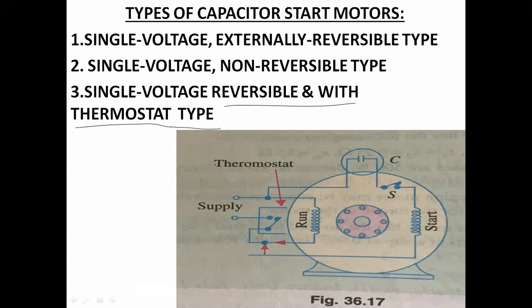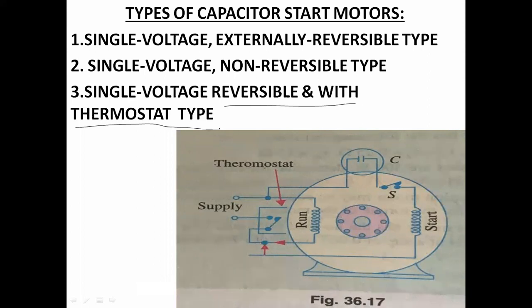Whenever the power switch is on, it will be on, and after it attains the permissible value of heat, it is directly off. Automatically off. That is thermostat. As the heat increases, the switch will be opened. So the same application is used here.